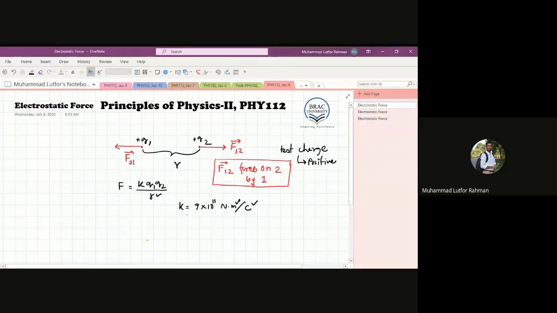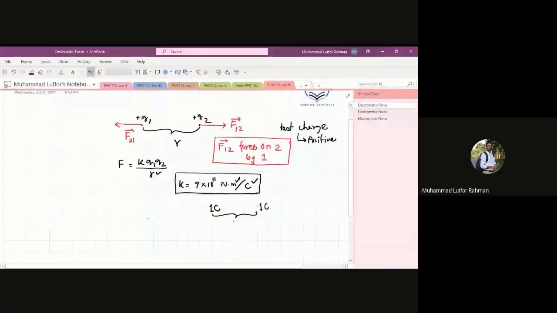Basically, it says that if you keep two point charges separated by a distance of 1 meter, then the force between these two charged particles would be 9 into 10 to the 9 Newton.